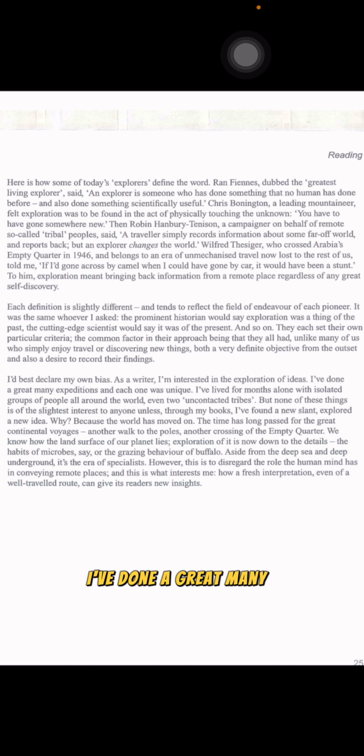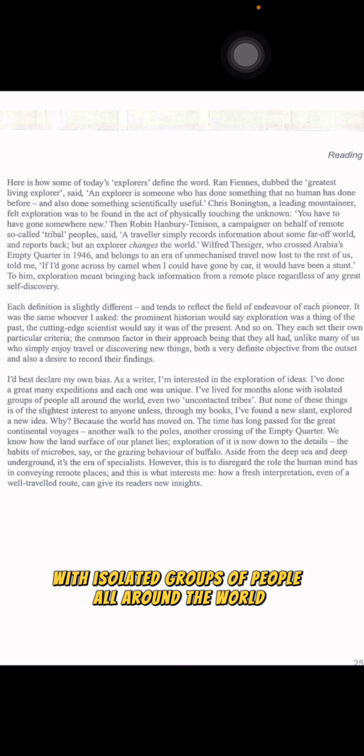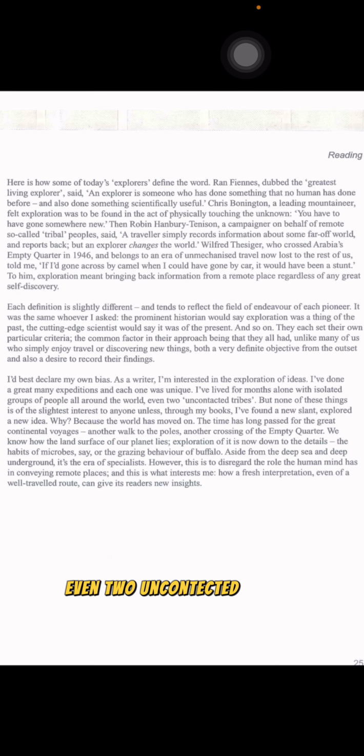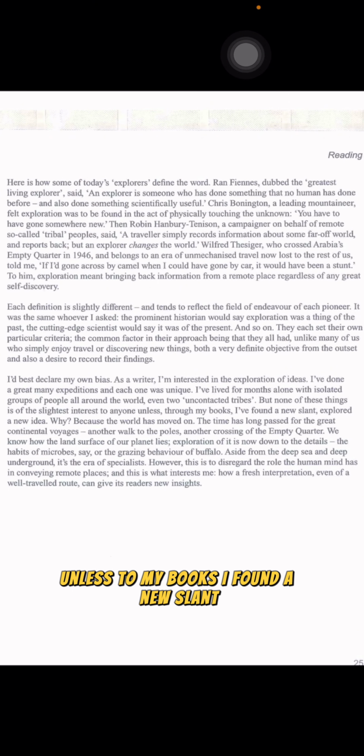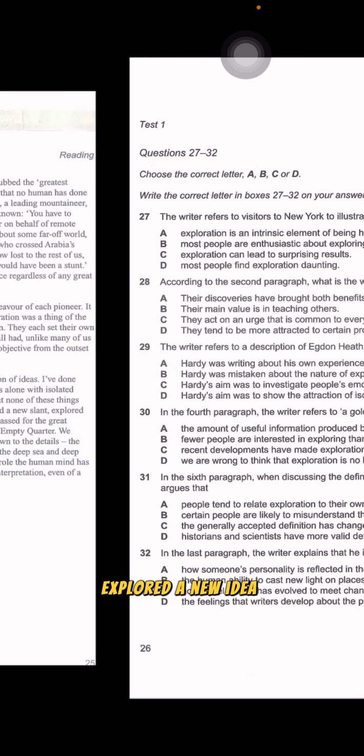I've done a great many expeditions and each one was unique. I've lived for months alone with isolated groups of people all around the world, even two uncontacted tribes. But none of these things is of the slightest interest to anyone unless through my books I found a new slant, explored a new idea.